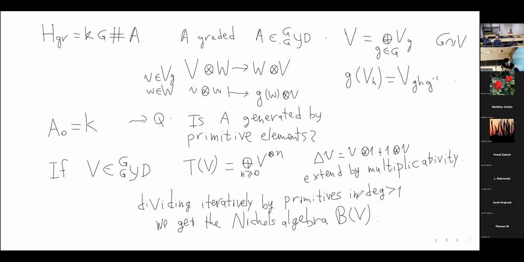And it has the property that B of V is generated by V. B of V is graded. And the primitives of B of V are just the elements of V that they started from.